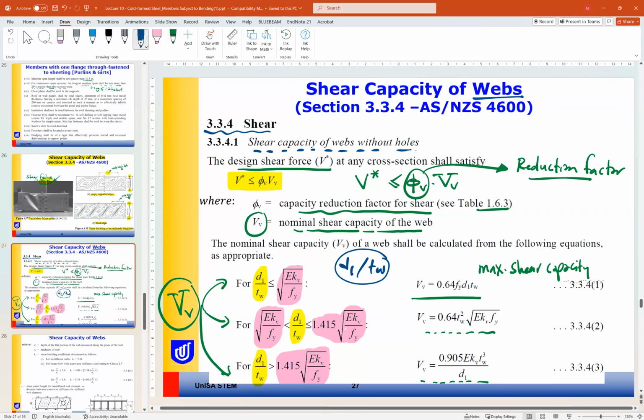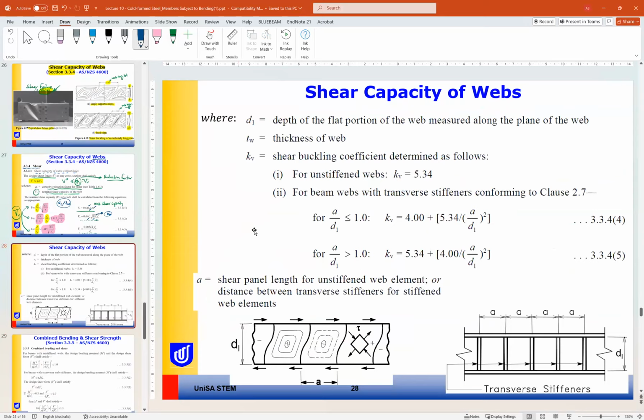The parameters are easy: Fy is the yield stress, D1 is the web height, TW is the web thickness. KV is the buckling coefficient. Everything is known, so the only question is what the cases for KV are.